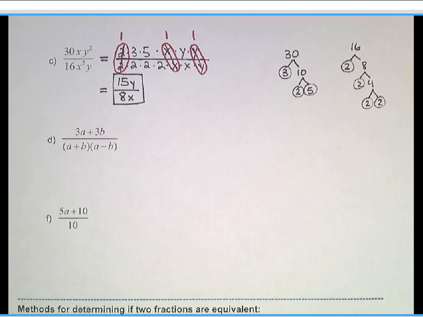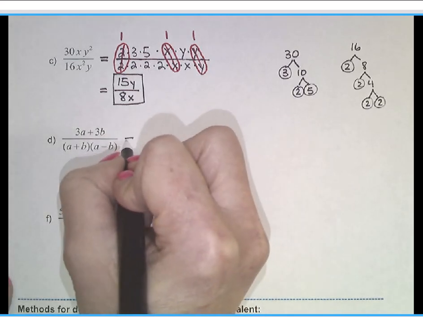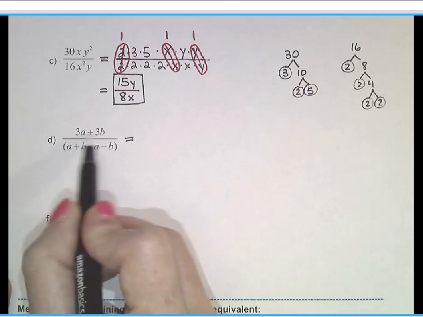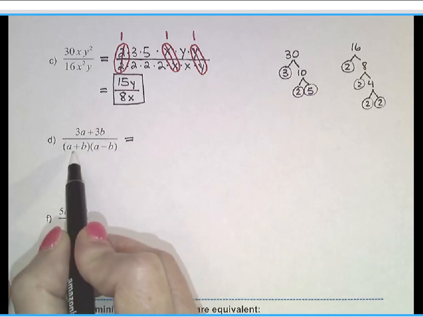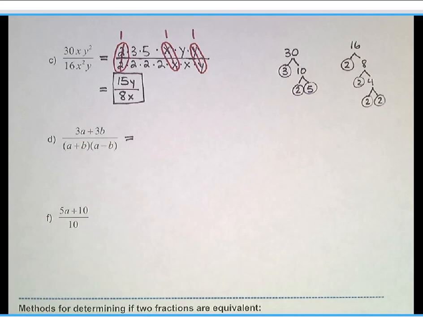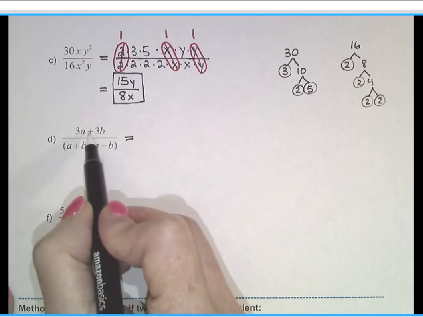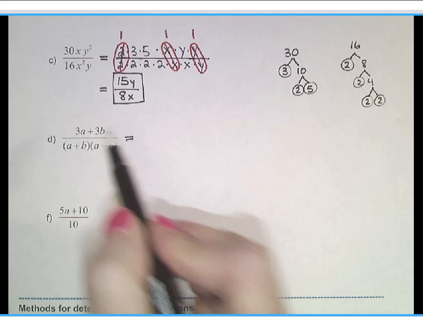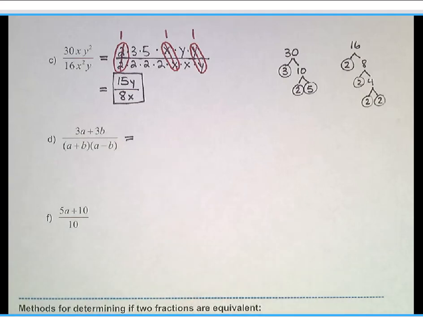Now the next one is a little bit more like factoring. So you see on the top we have a 3a plus 3b. So the a and the b are both multiplied by a 3. And underneath we have a plus b times a minus b. So this bottom part is already factored out. The way you would factor out the top is if you see with addition or subtraction that you have something common, you're allowed to simplify by pulling it out to the front.